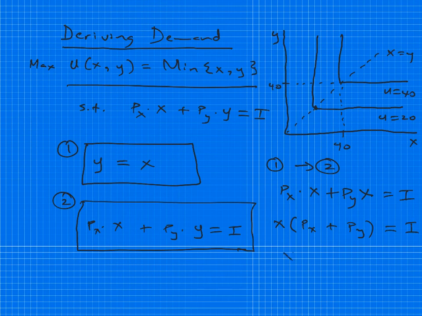And if I move things around one last time, I'm going to divide both sides by px plus py, and you'll notice the result that we get here. X is equal to income over the price of good x plus the price of good y. That's the demand function for good x.